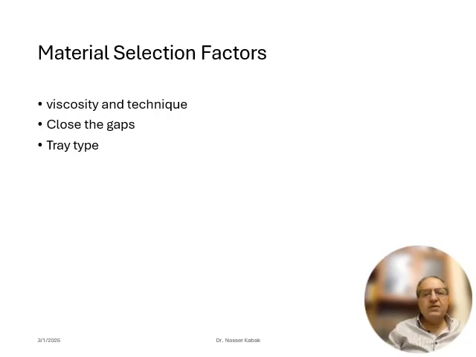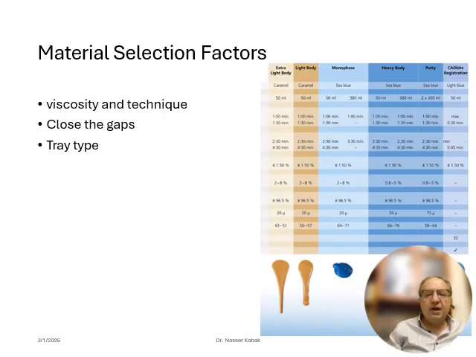So, which viscosity to select? It depends on the technique that we are using and the tray type. If you look at this graph that represents one manufacturer who produces different viscosities of silicones, the stiffest one is the putty, then we have the soft putty and the heavy body. All these three materials are tray materials. They are introduced inside the tray. Then we have the monophase and the medium viscosity.